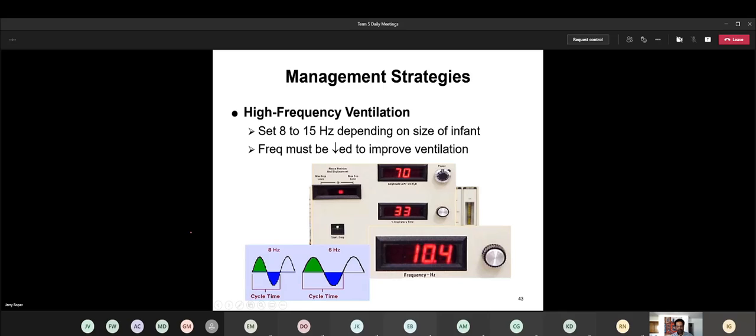If you've got a preemie, you're probably going to start your hertz at like 10, but if you have a term baby, you may start at 15. Now, anytime you see that your CO2 is getting higher than what you want it to be, then instead of increasing your hertz, you're going to need to decrease your hertz.